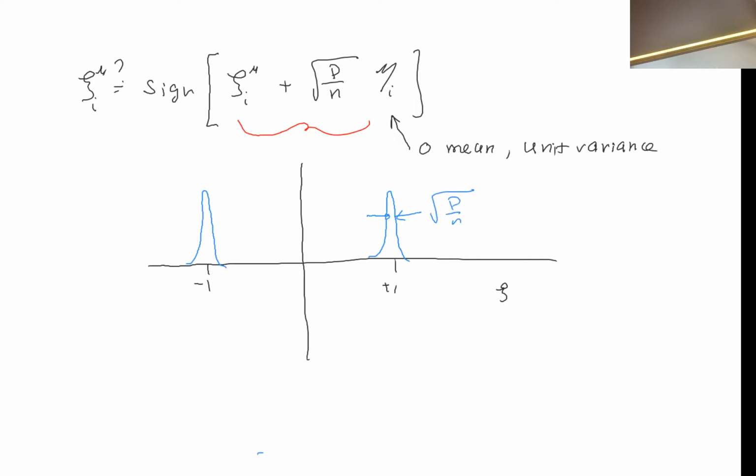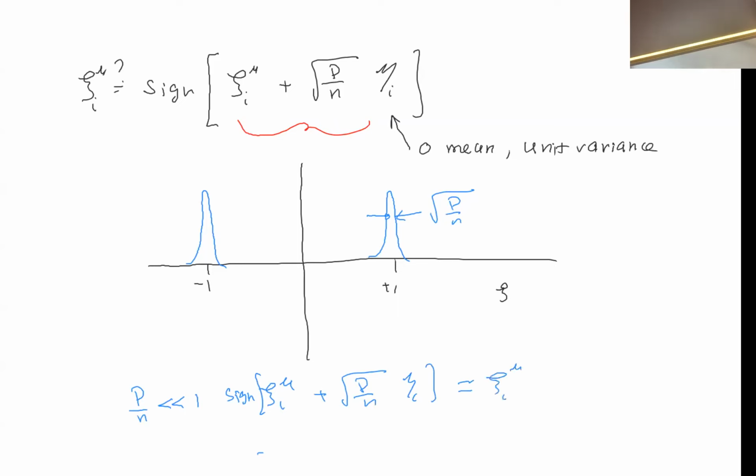So as long as p over n is much less than 1, then sign of squiggle i mu plus the square root of p over n, eta i, is approximately equal to squiggle i mu.